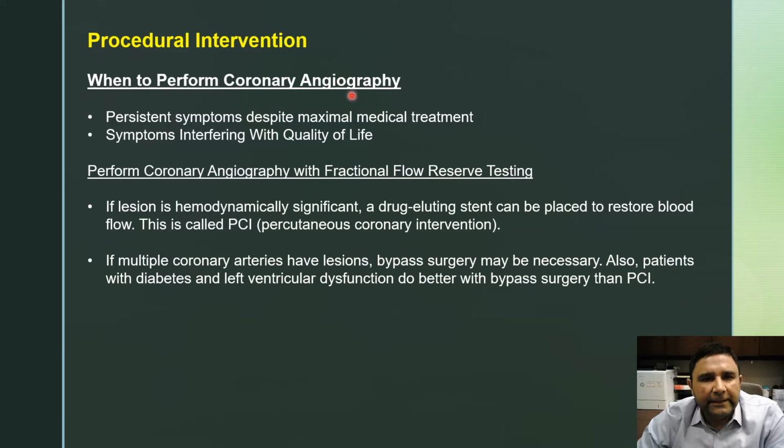Now, basically, there are two big indications for coronary angiography. If you have chronic stable angina and despite maximum medical treatment, you continue to have symptoms, and your symptoms are to the point that they are interfering with your quality of life, then that's unacceptable. At that stage, a decision has to be made that we need to get more aggressive with treating your underlying disease process.